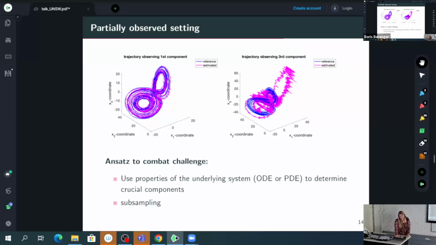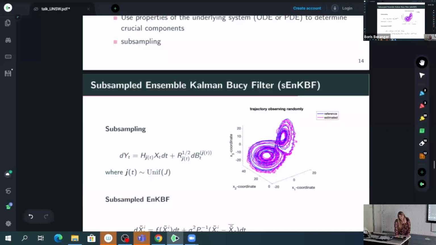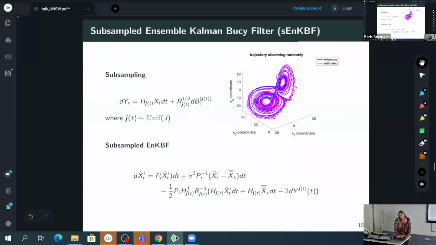Another thing is, if you say, okay, I actually want to look at it a little bit more general, and don't want to look at the specific equation, one question would be, if you just don't observe everything, but switch between the components of the state space you do observe, a little bit in the fashion that is being done, for example, with stochastic gradient descent, where you only choose some parts of the sample and don't work with the whole batch.